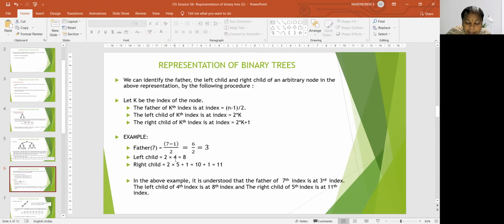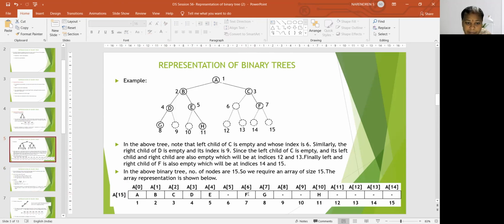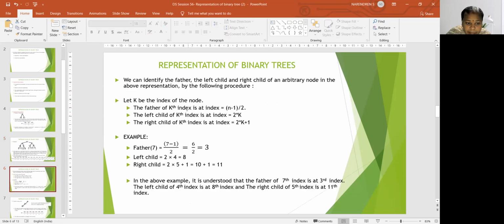The left child is 2 into 4, which is 8. See, we are getting here the father; F is in which level? F is in the third level. Okay, this answer is correct, third level we are getting.